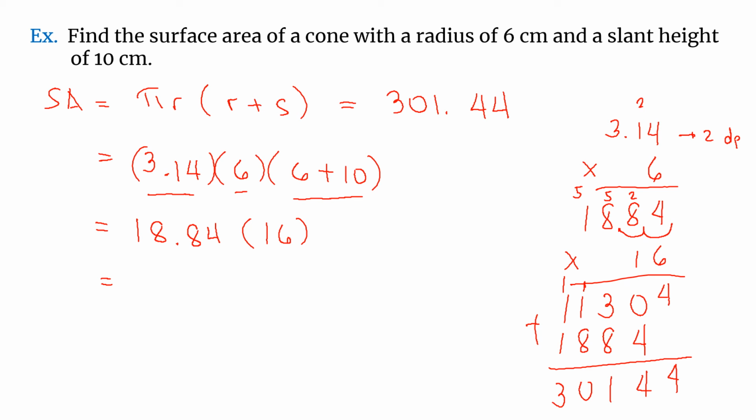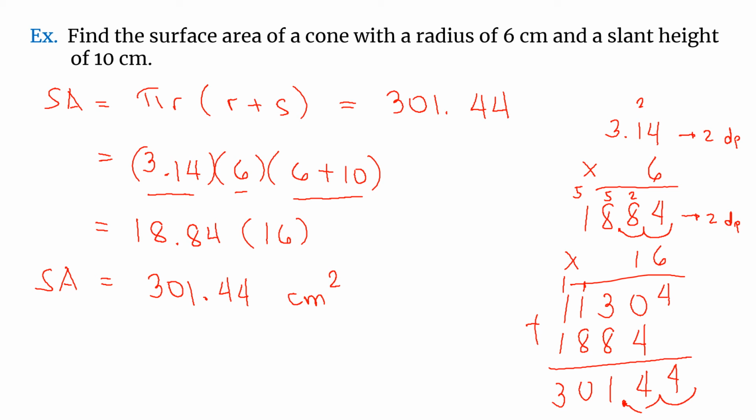Of course, yung ating product, if you notice, di ba 18.84 times 16, meron tayo ditong 2 decimal places, di ba? So from the end, we have 1, 2. So if you notice, our answer still is 301.44. At syempre pa, ang unit of measure ay cm, the second power. For this is our surface area.